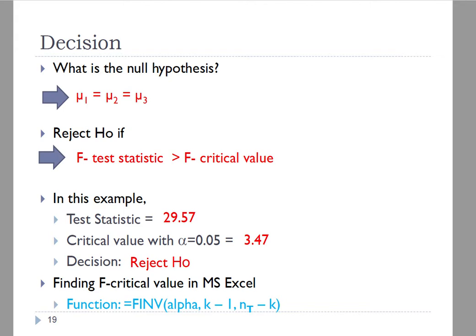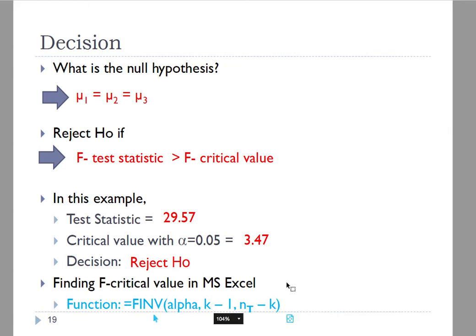So based on the study that we were talking about with student anger management, in this example, our test statistic was equal to 29.57. Our critical value, alpha 0.05, was equal to 3.47. Our decision is to reject our null. And you can also find the F critical value in MS Excel.